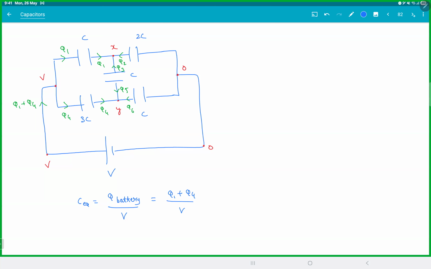X is 4 by 11, Y is 5 by 11. I don't know. Let's see for X.